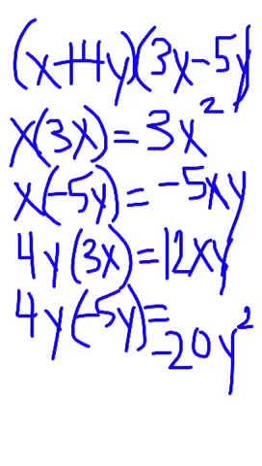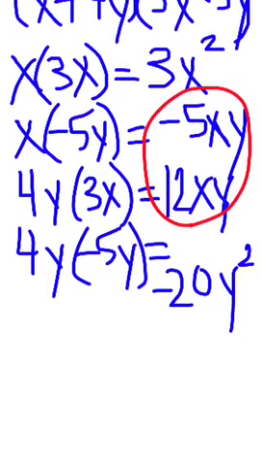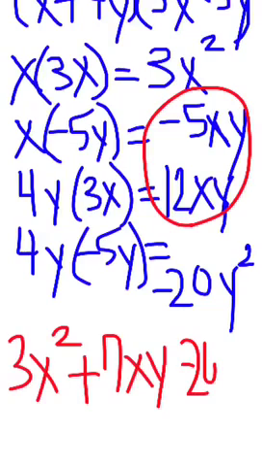At this point, combine your like terms in the middle. 12 minus 5 will give you a positive 7xy. So our final answer is 3x squared plus 7xy minus 20y squared. Watch your signs and combine like terms when needed.